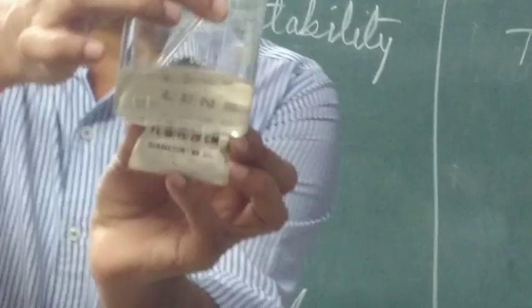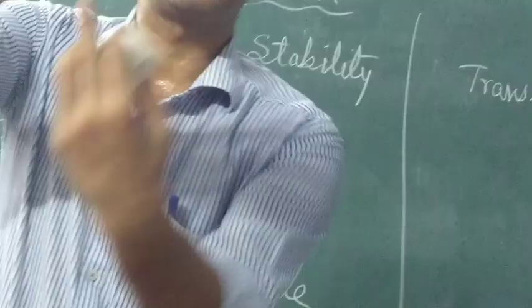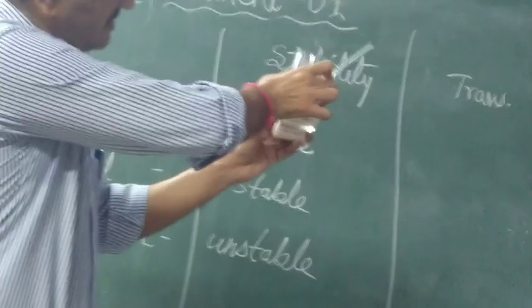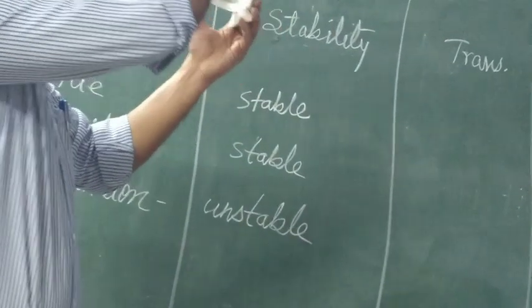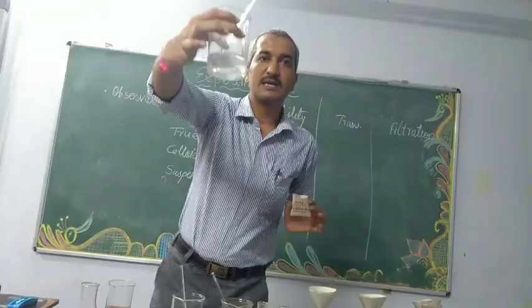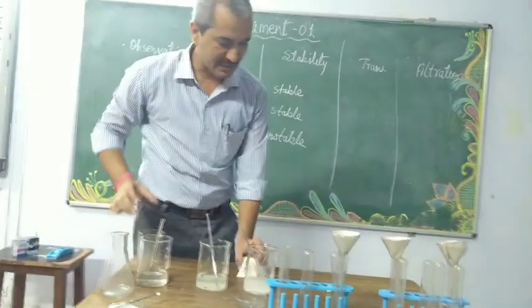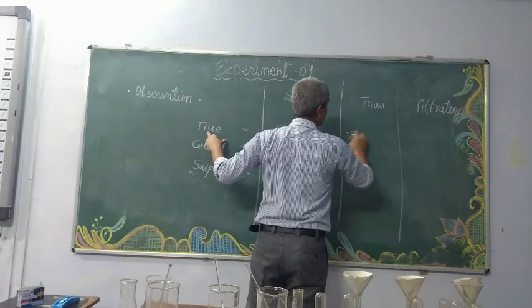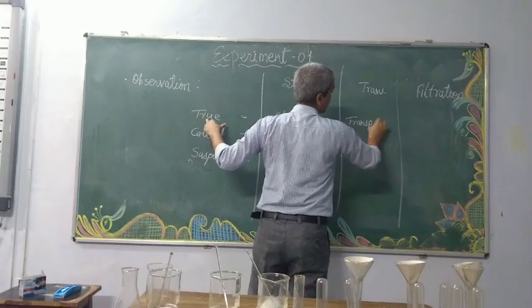It will be seen inverted because this shape is convex. Are you able to see this inverted? But still you can observe this, meaning this true solution is transparent.